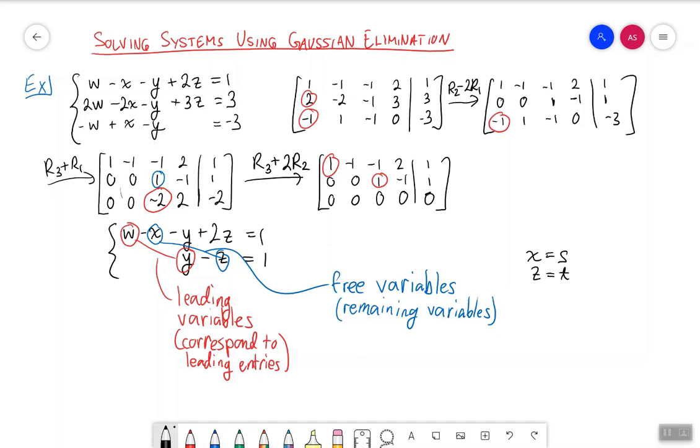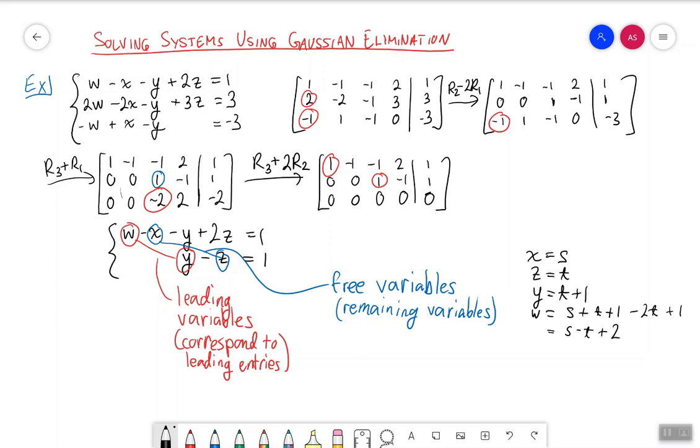And then we write w and y in terms of those. So y is going to be t plus 1, and then w is going to be s plus t plus 1 minus 2t plus 1, which is s minus t plus 2.